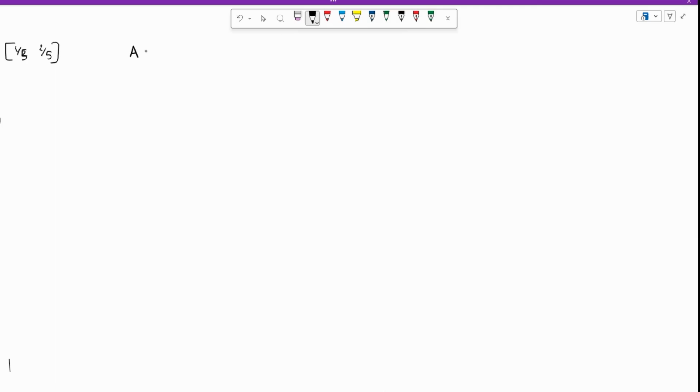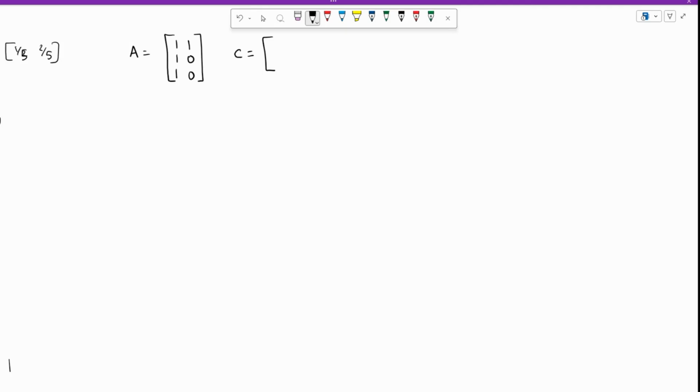Let's say my matrix A, keep it simple. We want to find all the left inverses to this matrix. Okay, and we know the left inverse will be of what shape? This is 3 cross 2.